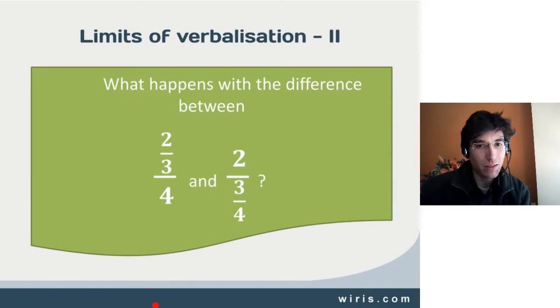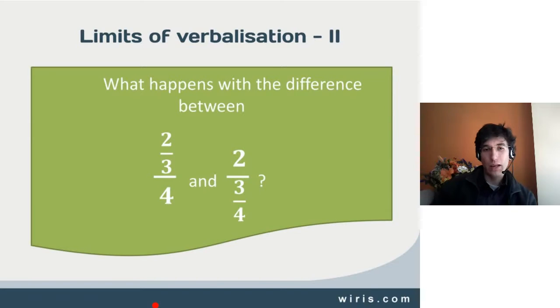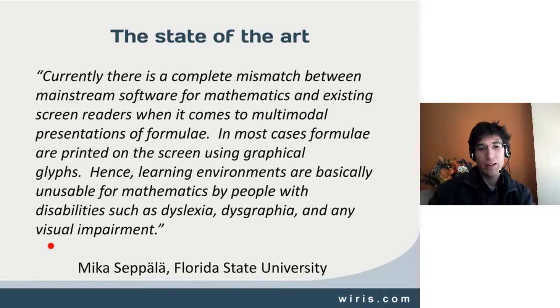Or we could say 2/3 divided by 4, or 2 divided by 3/4. So it works, but it can be a lot more subtle, and it can be ambiguous when it becomes more complex, right? Good.